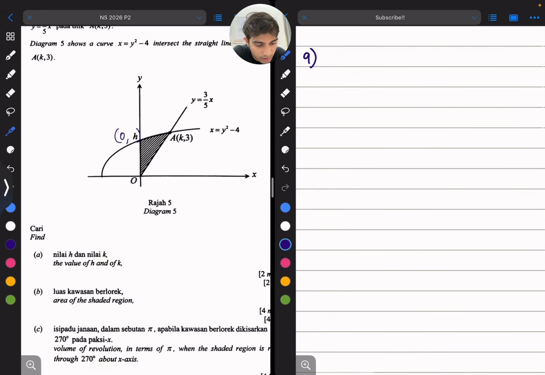So x is y squared minus 4. x is 0, y is h. So h squared is 4. h will be the square root of 4, which is 2. Actually plus or minus 2, but we just choose positive 2.